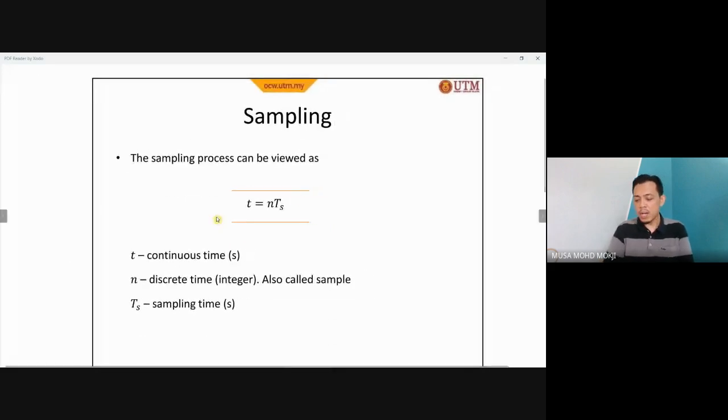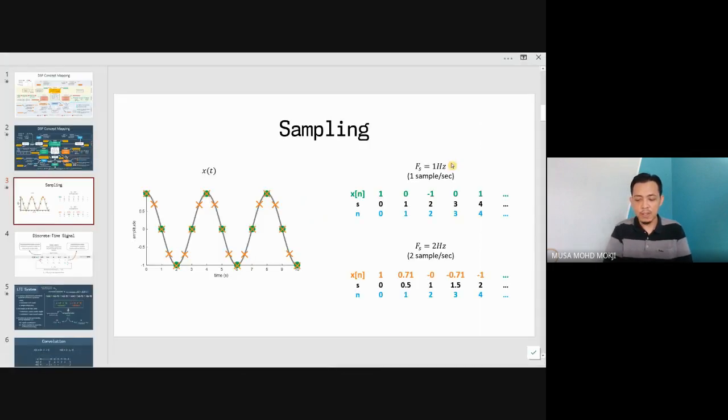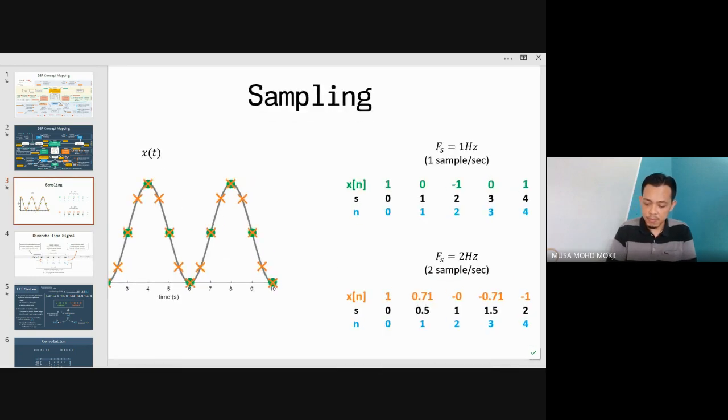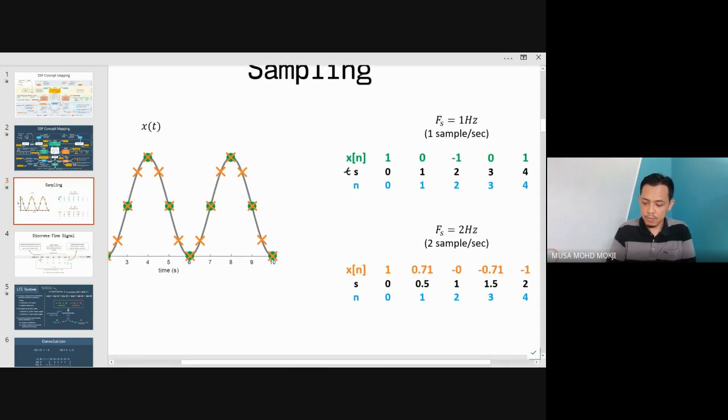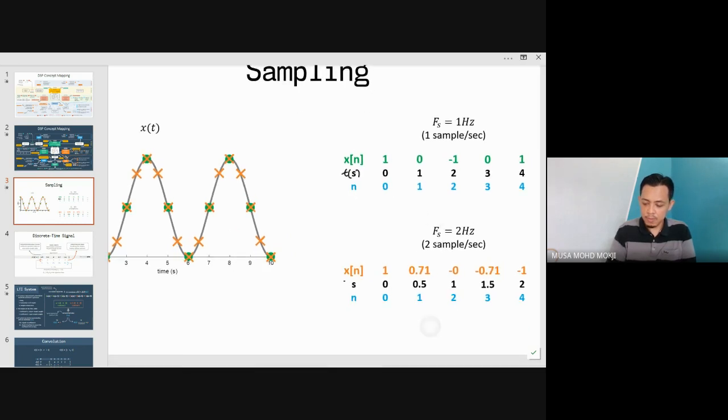So this is more detail on what sampling is. The sampling process can be viewed as such. If you look at this, we have S and we have N. This S in seconds is actually T, time. And N is also time, but in discrete.